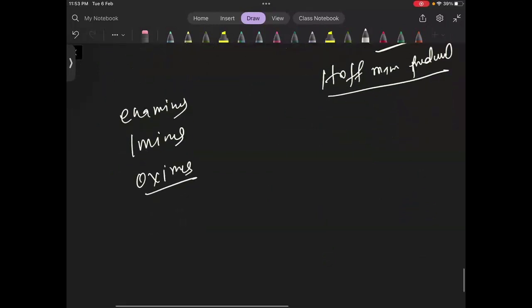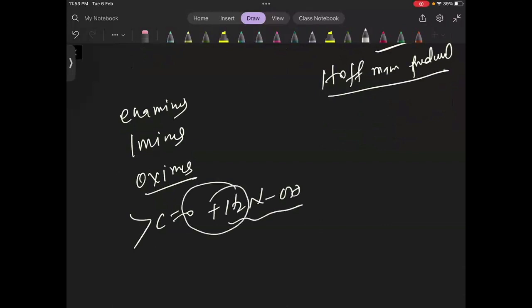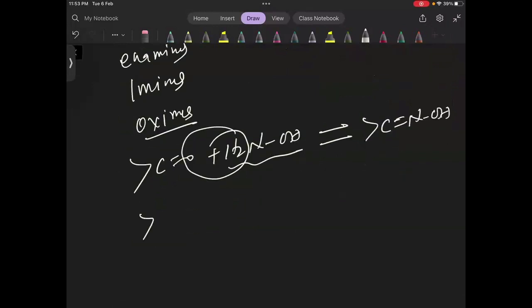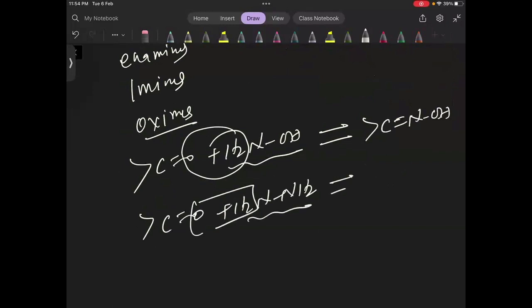Students, whatever compound you have with H2N-OH, this is going to give oximes. So H2O will be removed and the compound formed has a double bond N-OH. Similarly, if you take hydrazine, H2N-NH2, H2O will be removed and the compound is formed like that, with NH2.